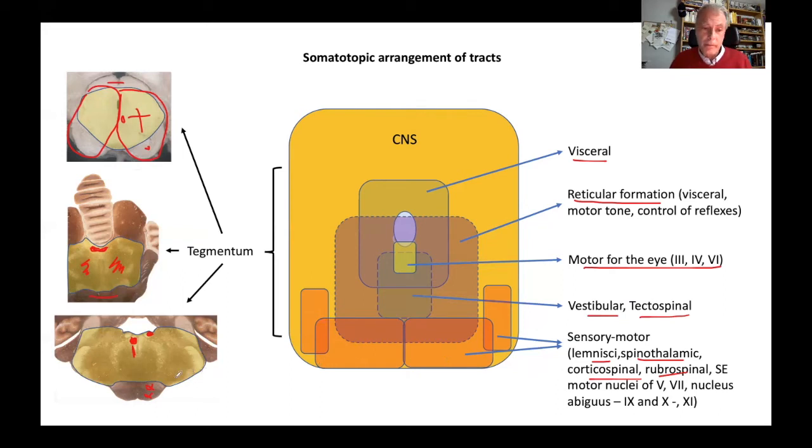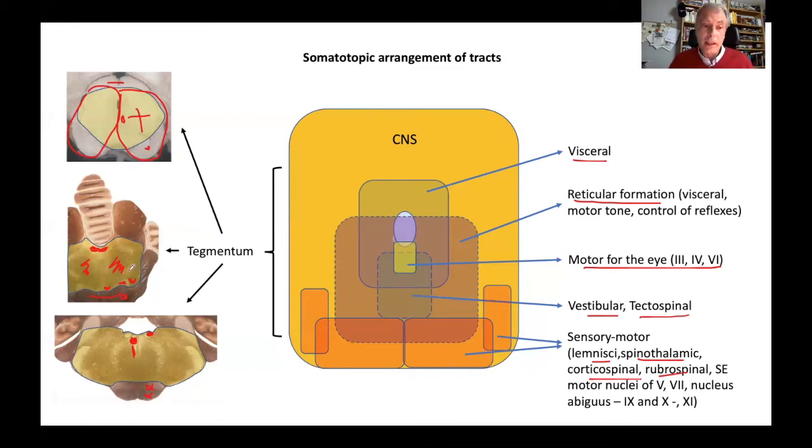For instance, here we have the spinothalamic tract. Here we have the medial lemniscus, the lateral lemniscus, okay? And in here, in the ventral portion of the pons, of the medulla oblongata and of the mesencephalon, we have corticospinal tracts.